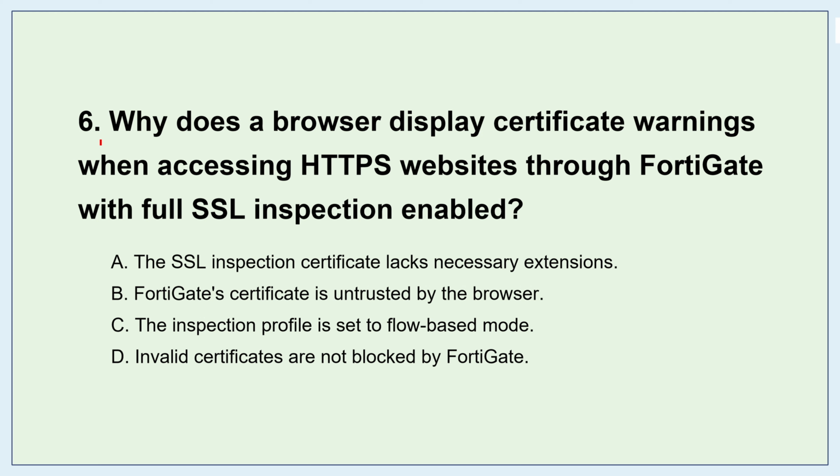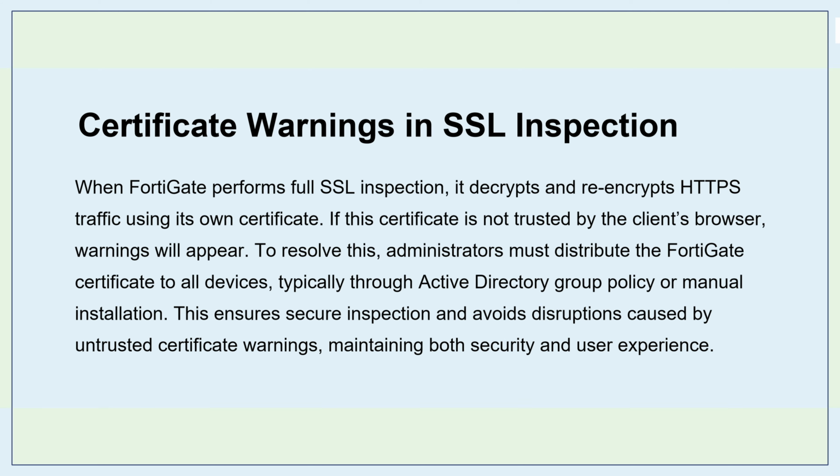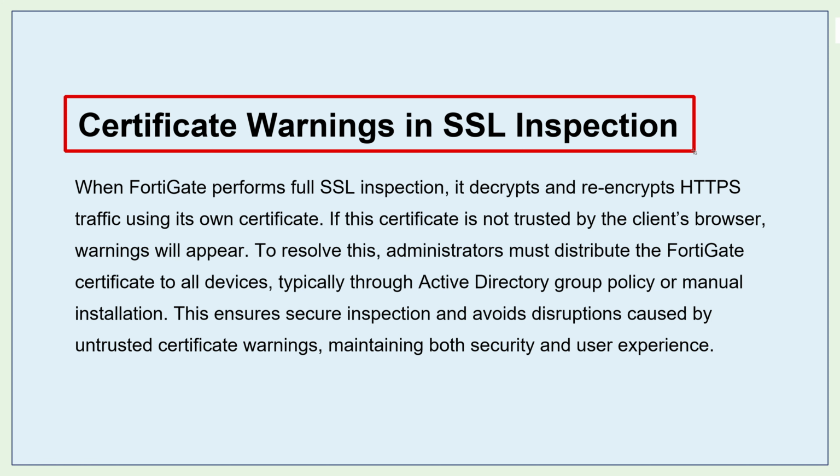Question 6. Why does a browser display certificate warnings when accessing HTTPS websites through FortiGate with full SSL inspection enabled? The knowledge points of this question are: SSL/TLS inspection and certificate validation.